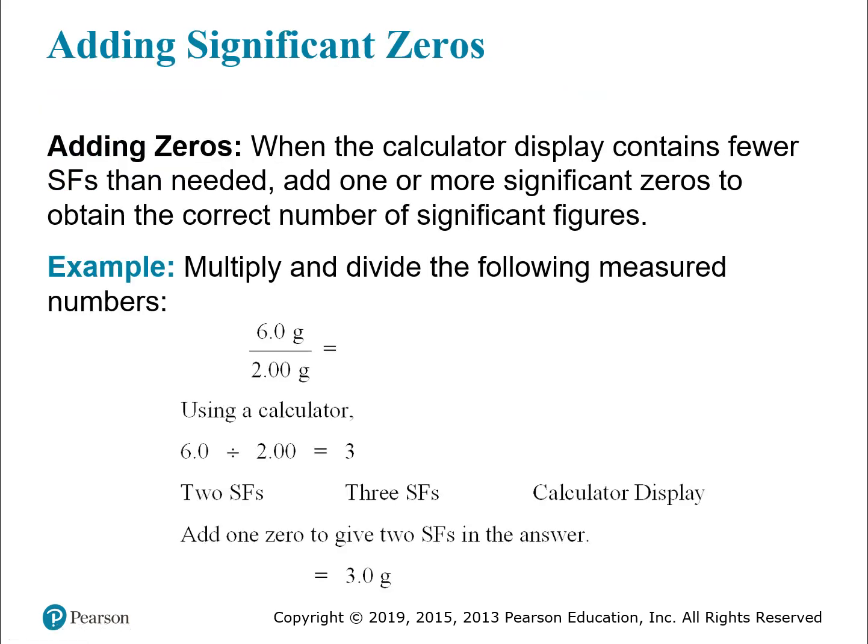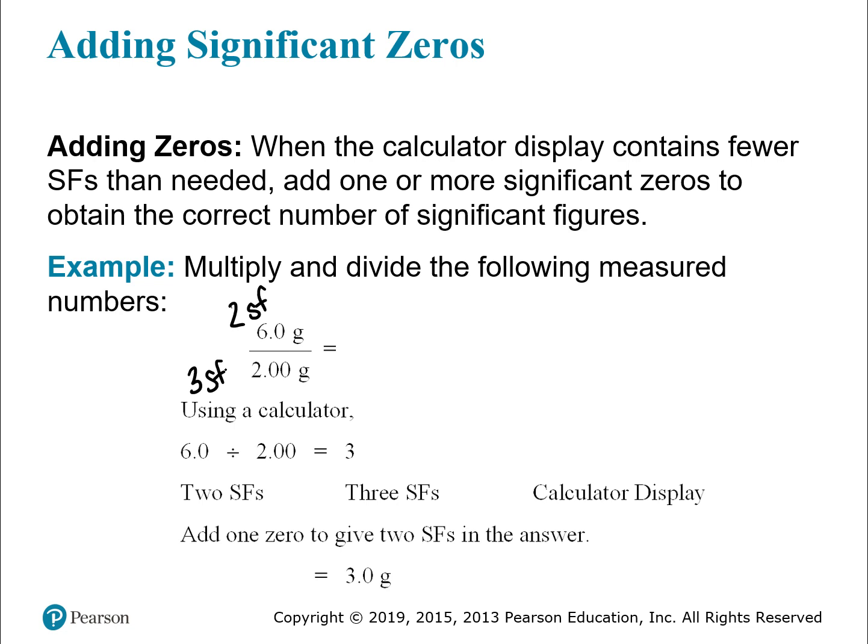Now we're moving on to adding significant zeros when we're doing multiplication and division and we need to report our answer with a certain number of sig figs. So in this example, we're dividing 6 grams by 2 grams. We've got 1 sig fig at the top, 3 sig figs at the bottom. Now 6 divided by 2, I hope you don't have to pull out your calculator for that.